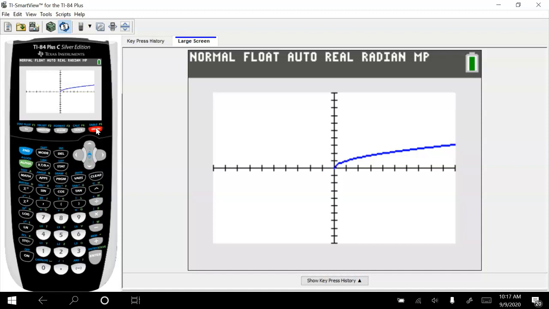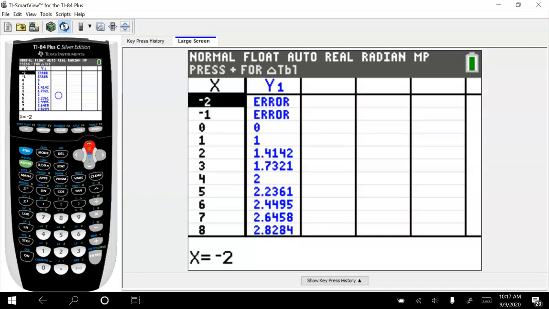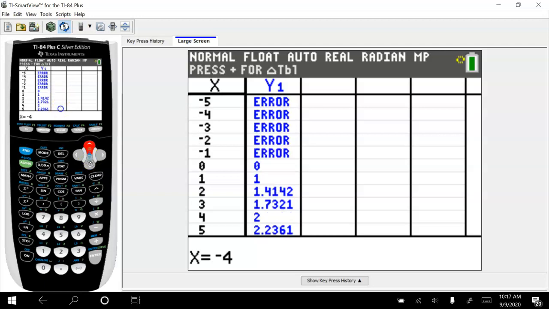Now, what's even nicer is it will give us a table of values. So if you see just above graph, it says table. To get to that, we hit second and the graph button, and that'll bring us up our table of values. So what we can do is use our arrow key here and go up and down, and we can look at all the different values.